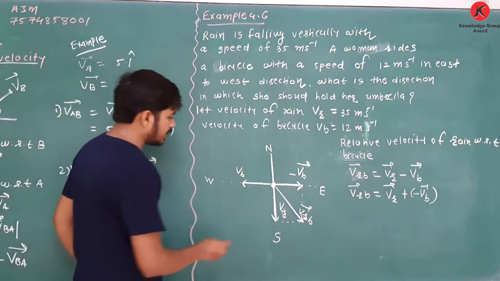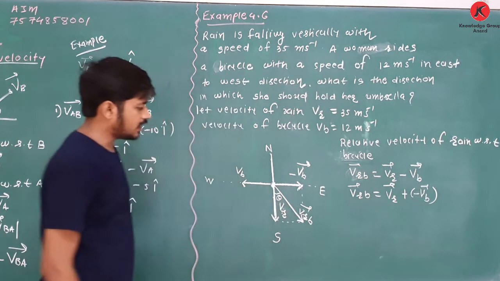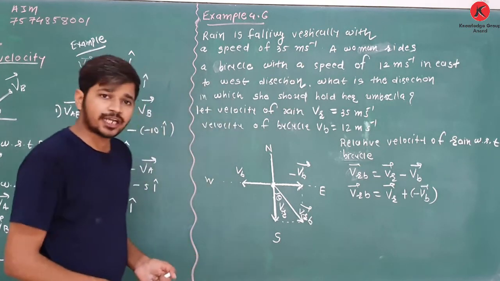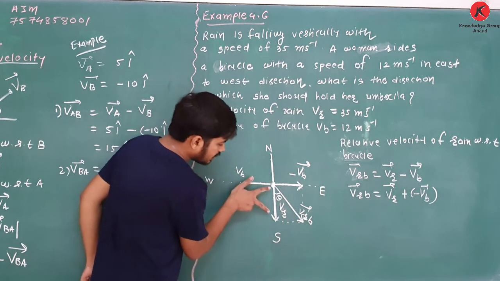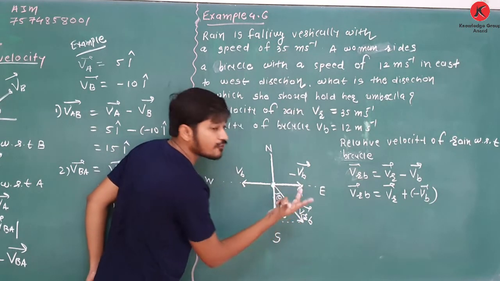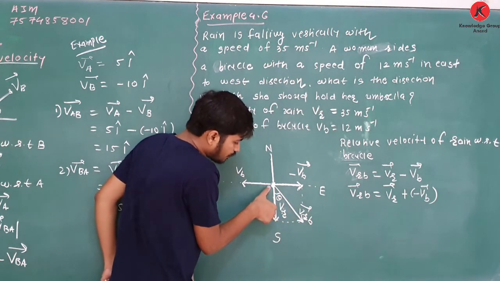Assume that this angle is theta. Then there is one right angle triangle. Its magnitude is VR, and this magnitude is the magnitude of VB.